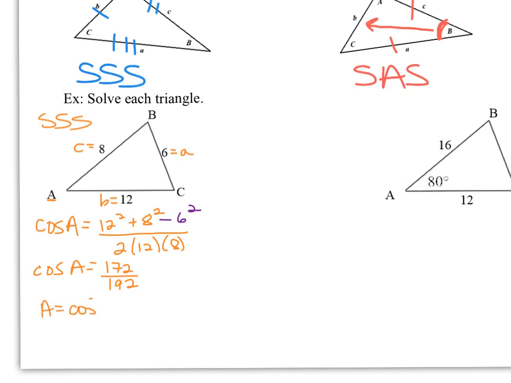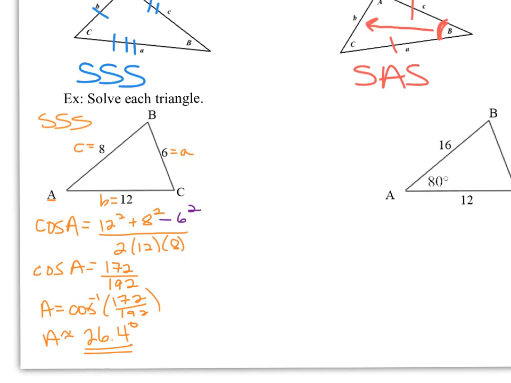And we'll just plug in that fraction. Cosine inverse of 172 divided by 192 for angle A would give that angle a measure of approximately 26.4 degrees.